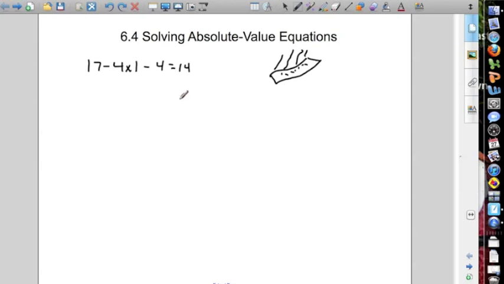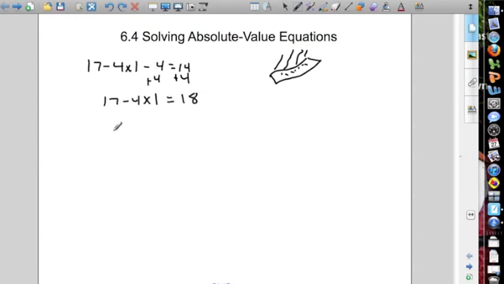Here we go on actually working it. The first thing that we have to remember is that we want to get the absolute value by itself. And so the first thing we want to do here is get rid of this subtracting 4. To do that, I go ahead and add 4. If you don't have the absolute value all by itself, make sure you do that first.